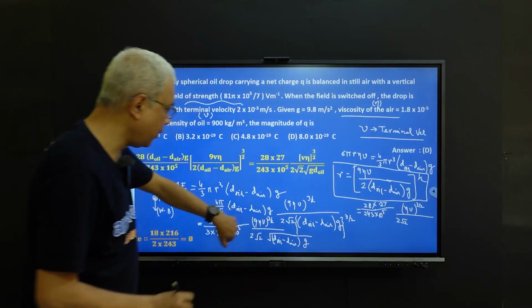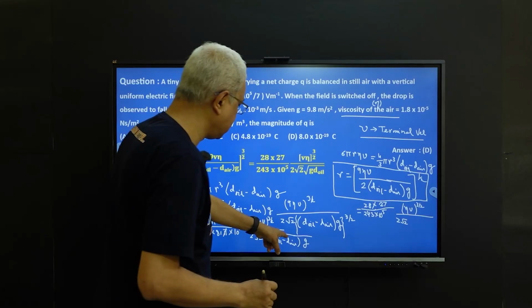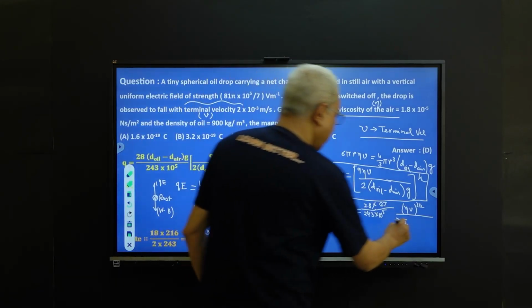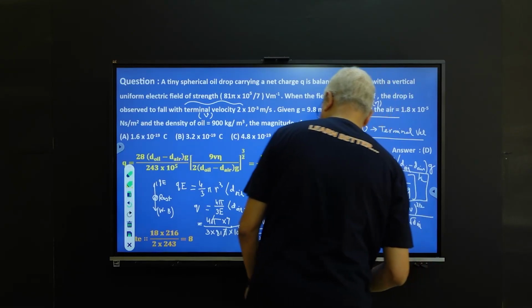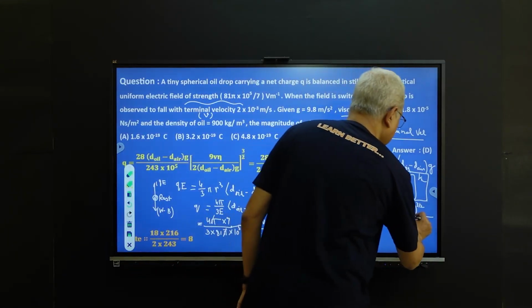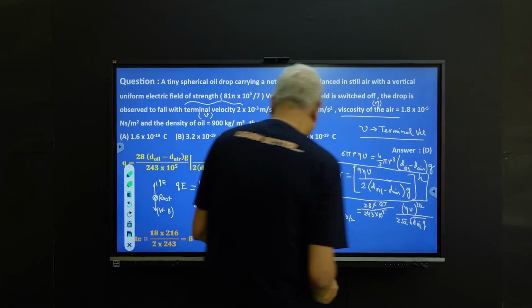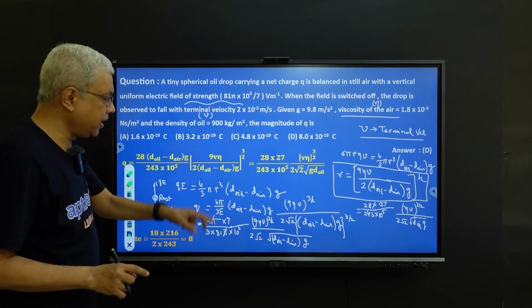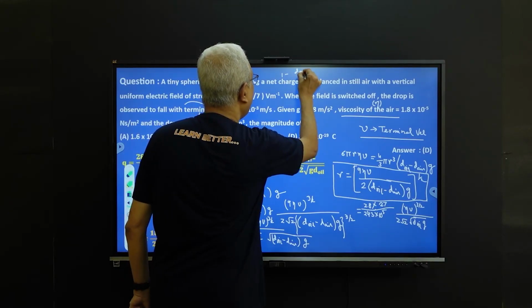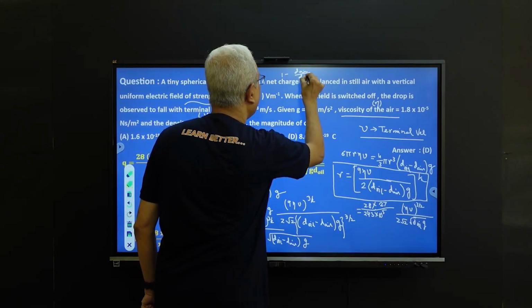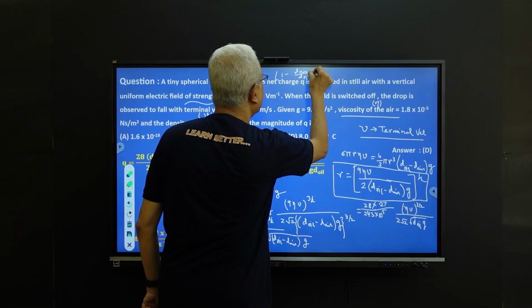And if we take d oil common, then 1 minus rho air over d oil into G, and then (1 minus d air by d oil) whole to the power half.